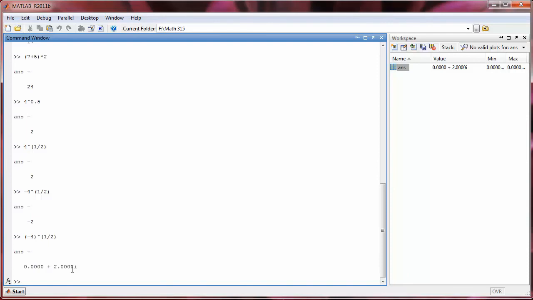So you should make note here that when Matlab displays an imaginary number, it will always display both the real and imaginary parts, even when the real part is 0, as it is in this case. So to recap, you should now be able to use the command window in Matlab to do basic arithmetic.